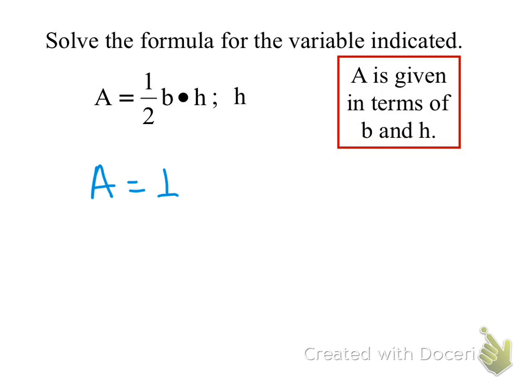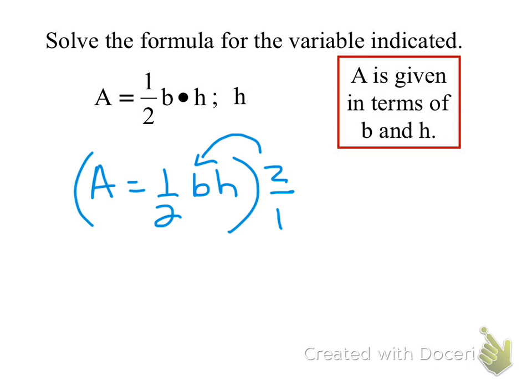A equals 1/2 base times height, right? I'm not also multiplying the H because this is one term. 1/2 base times height is one term. So now I can cross cancel it. And then when I go here, I end up with 2a equals base times height.